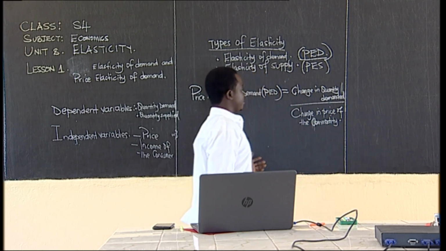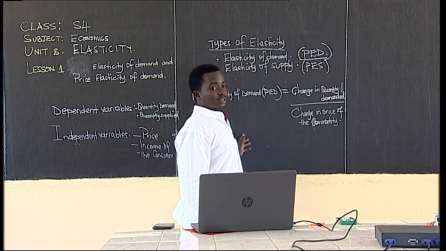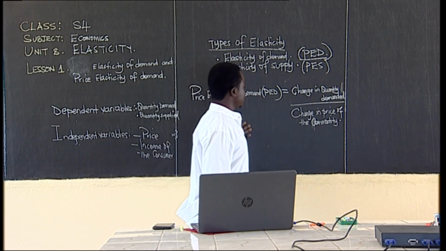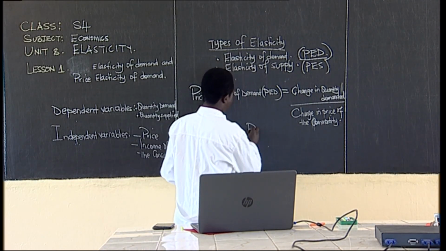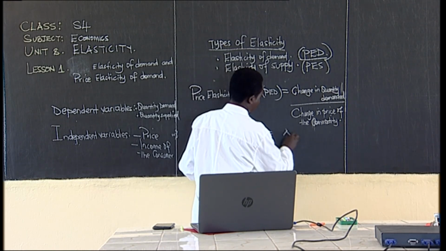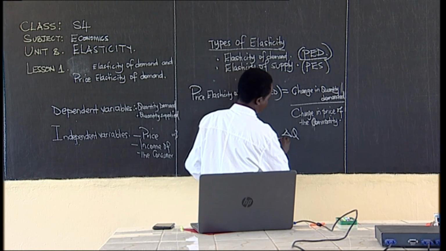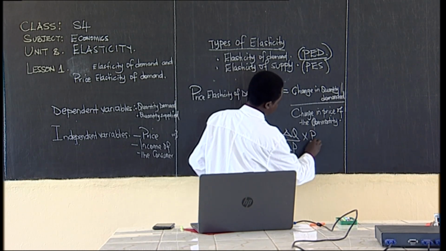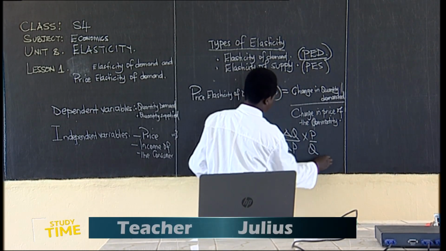So in this case, if you have to calculate price elasticity of demand, you can use this formula whereby PED, if we simplify it, will be a change in quantity demanded divided by a change in price, times original price over quantity.